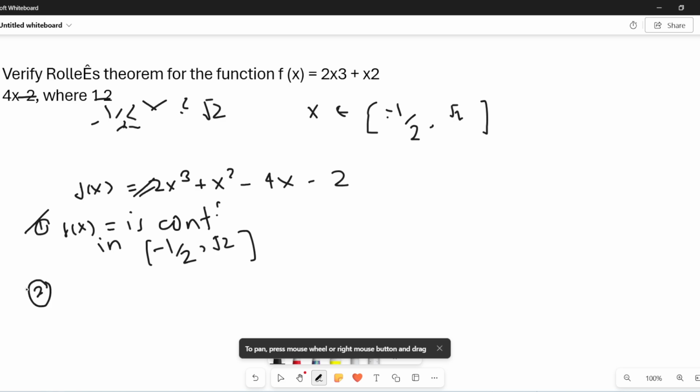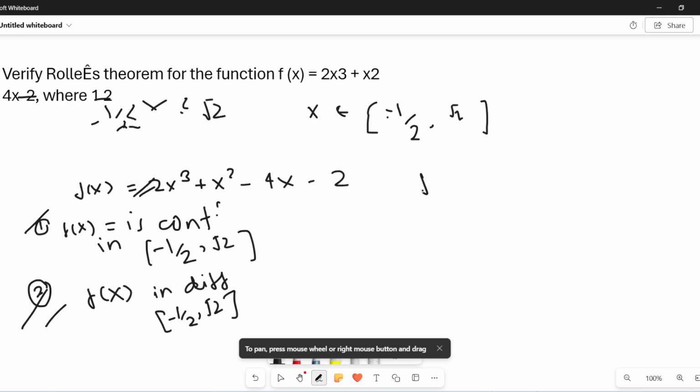Now check the second condition: is f(x) differentiable or not, in minus 1 by 2 to root 2. Yes, the condition is satisfied because f(x) is differentiable.